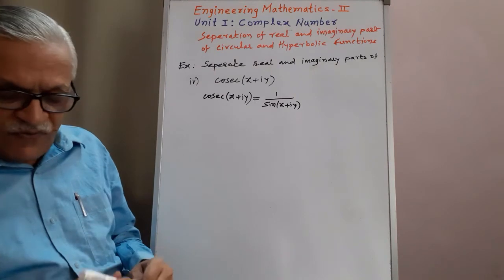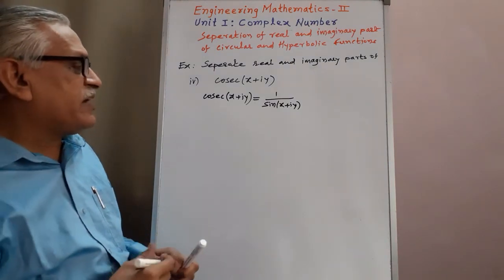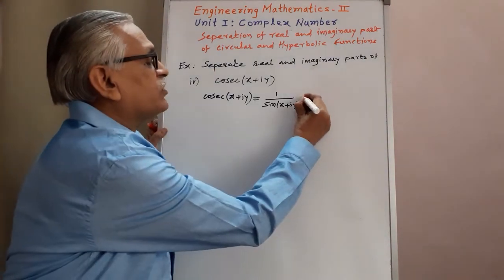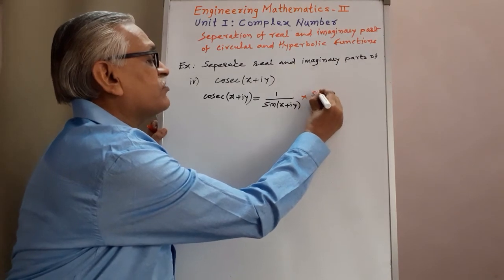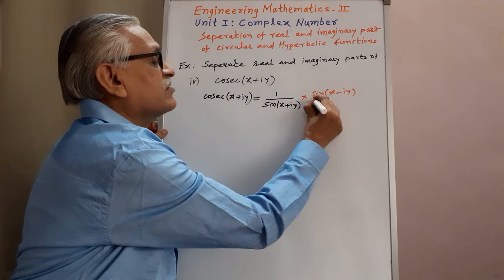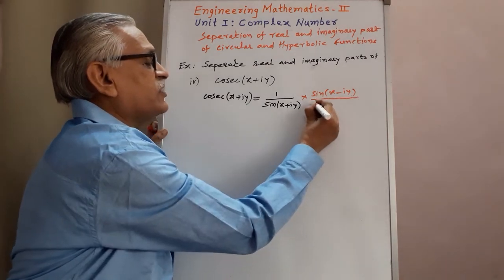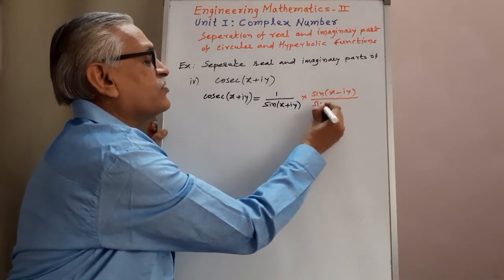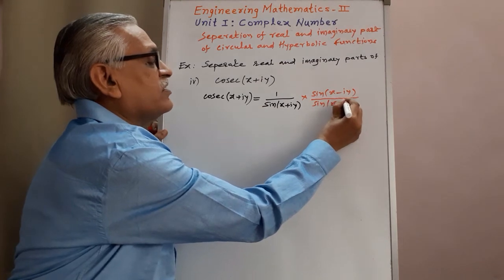Then to simplify it, we multiply and divide by its conjugate. The conjugate is here sine of x minus iy, and we divide by the same number sine of x minus iy.